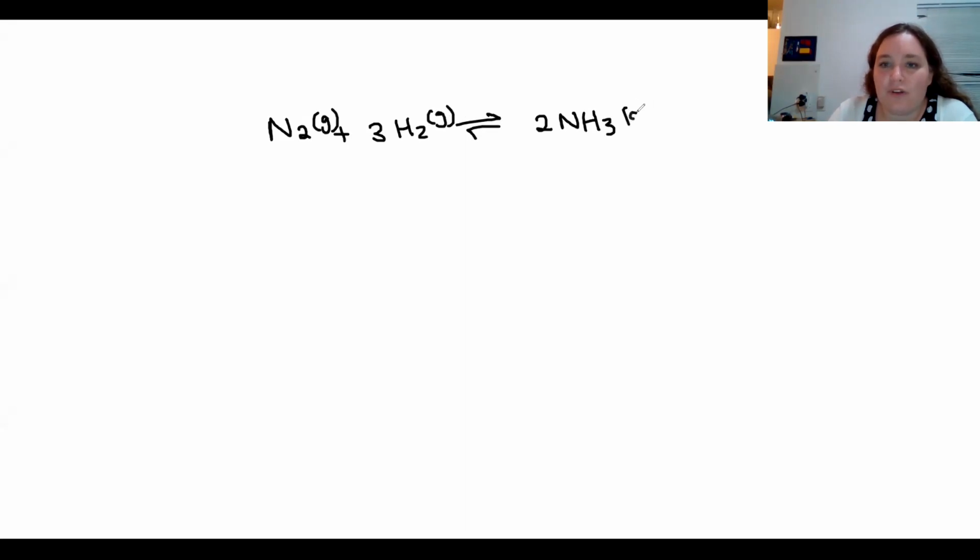Okay, so going back, I'm going to quickly rewrite the same equation. So it's N2 plus 3H2 in equilibrium to give us 2NH3. Now, I'm deliberately going to put all of the gas symbols back in here. You'll notice that I only care about whether it's endothermic or exothermic when I'm talking about temperature.